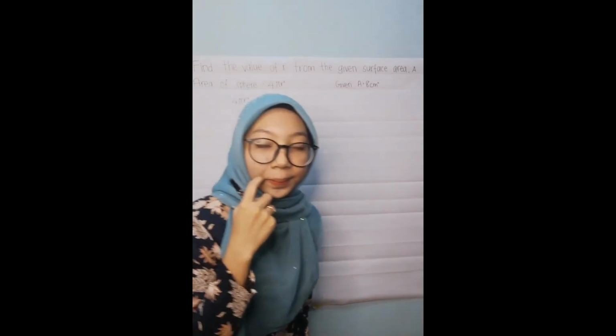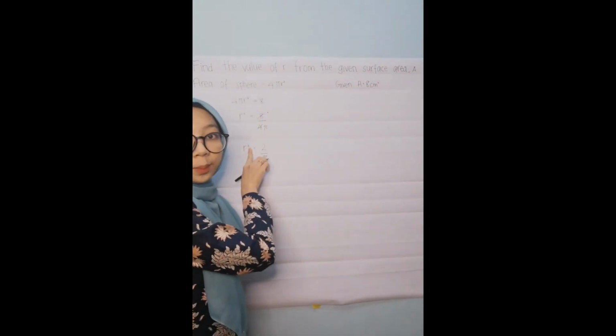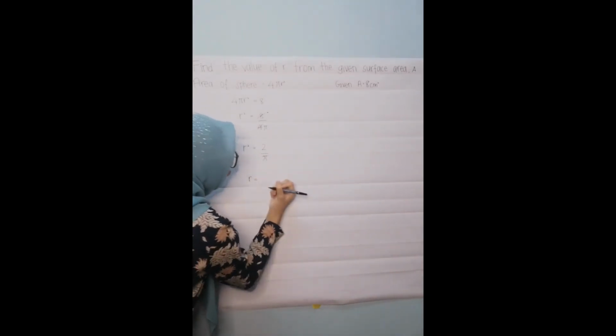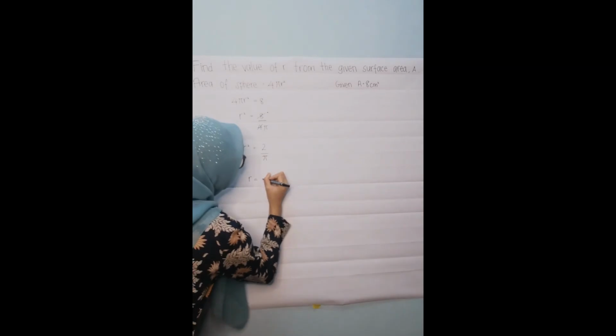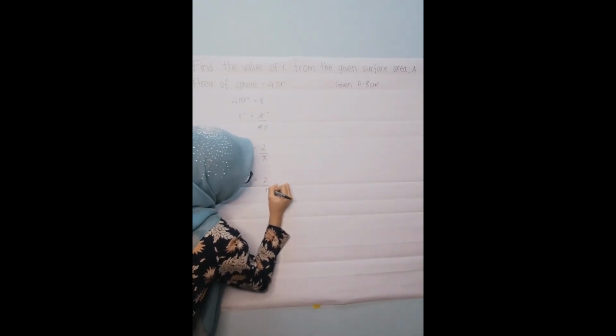Since r has the power of 2 here, we can change it to the square root of 2 over pi.